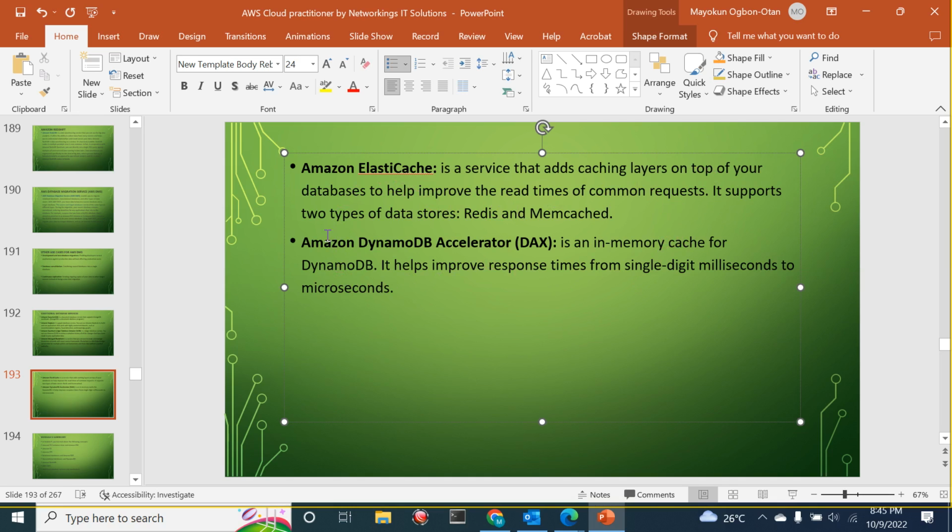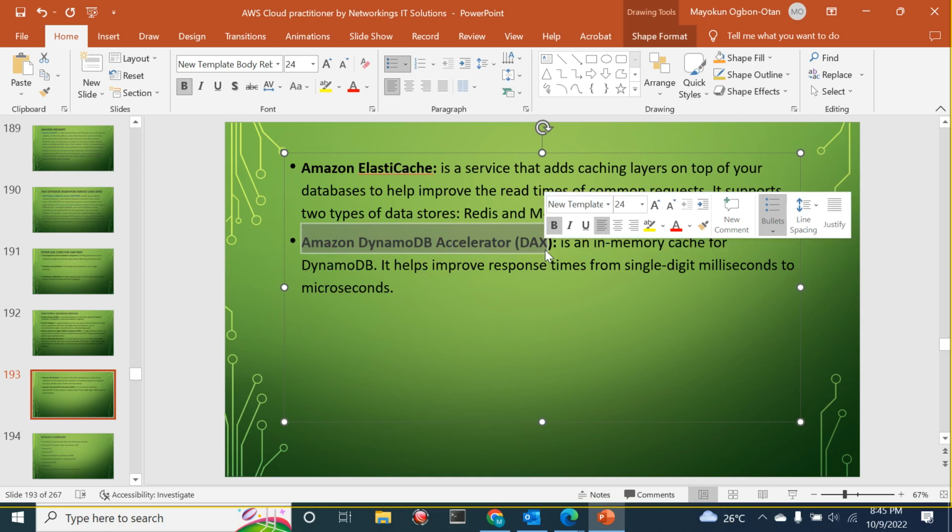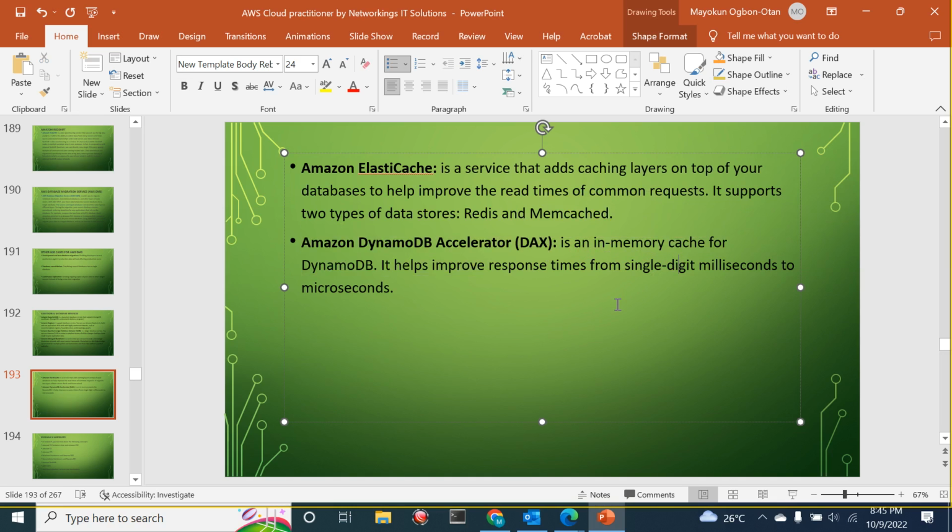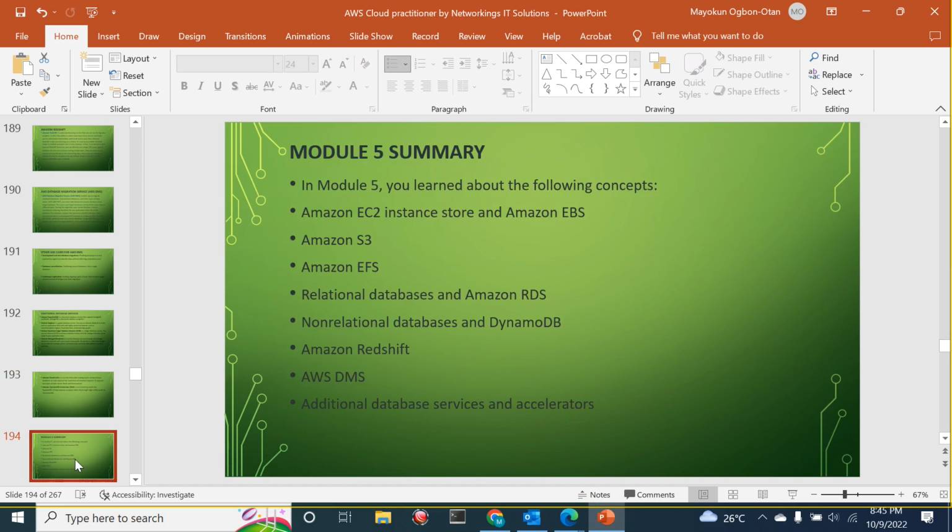Then lastly is Amazon DynamoDB Accelerator, an in-memory cache for DynamoDB. All of these are less important, but those we've discussed earlier are the major ones, like understanding the difference between relational and non-relational databases, and the examples we have around them.